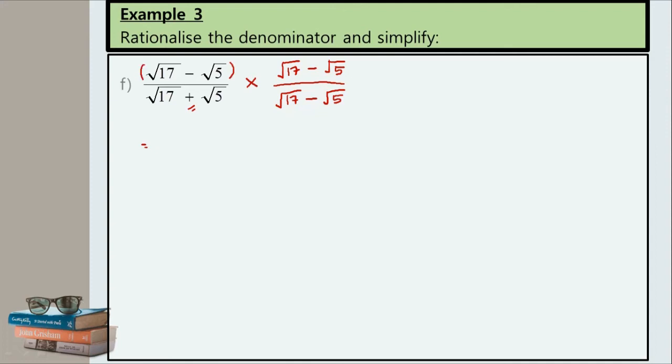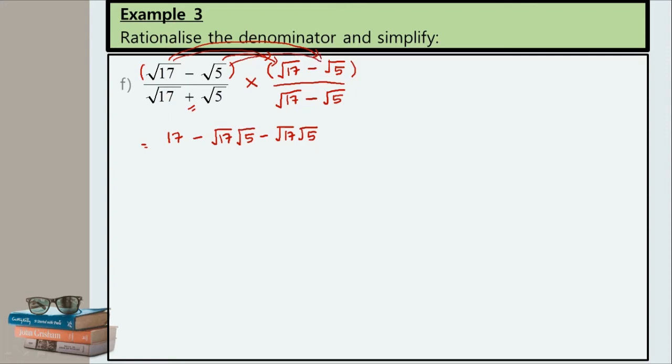Okay, and then we expand. Surd 17 times surd 17. Surd yang sama, so 17. Surd 17 times negative surd 5, so minus surd 17 surd 5. Surd 5 times surd 17 minus surd 17 surd 5.